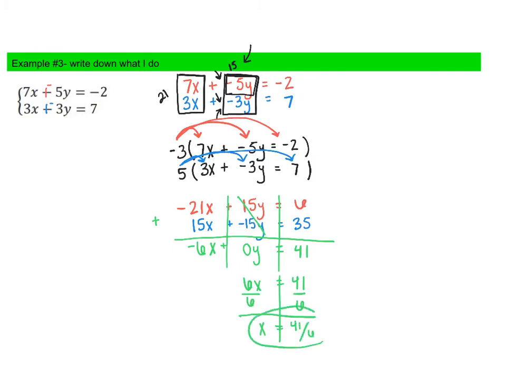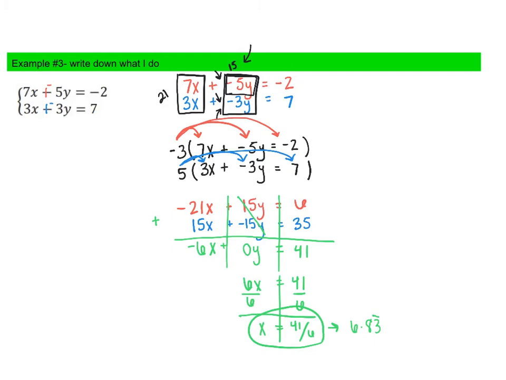You could simplify that, turn it into a mixed number, turn it into a decimal. It's up to you. I'm going to turn it into a decimal. So 41 over 6 is the same as 41 divided by 6, which is the same as 6.83 repeating. So I'm just going to leave it as 6.83 repeating.